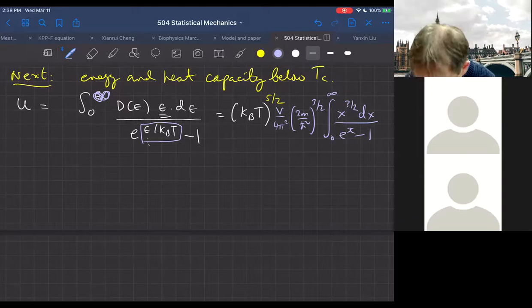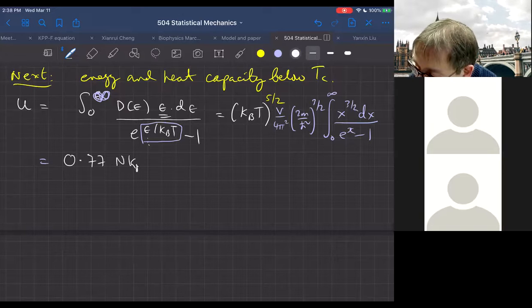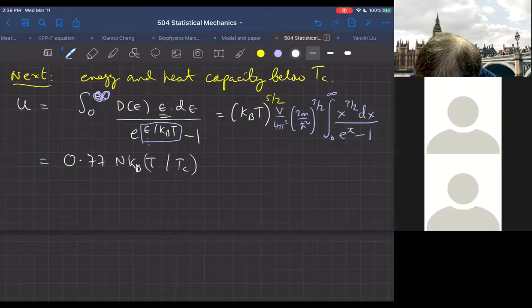Okay, so then you can work out what this is, and it's about 0.77 N kB T times, well, I think there's a misprint in my notes. It's either 5/2 or it may be T times T over Tc to the 3/2.